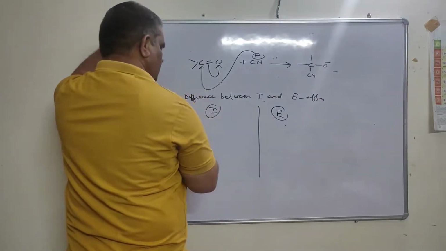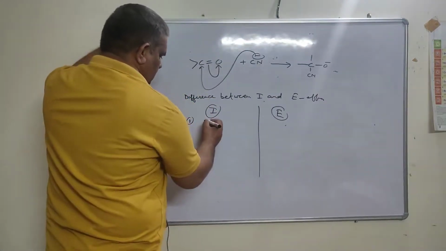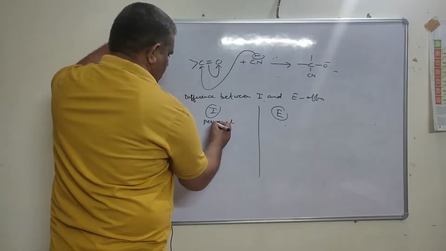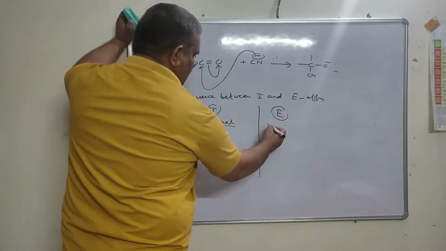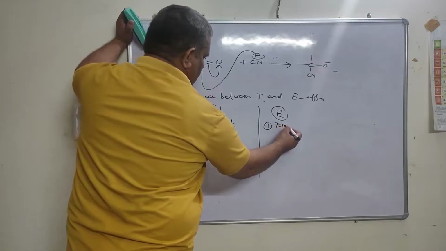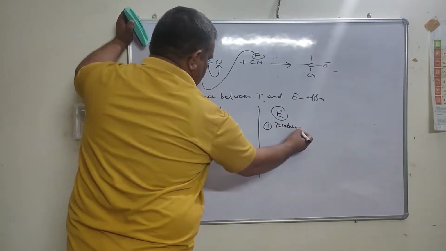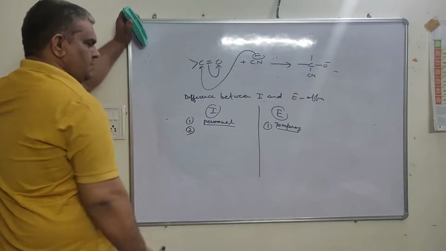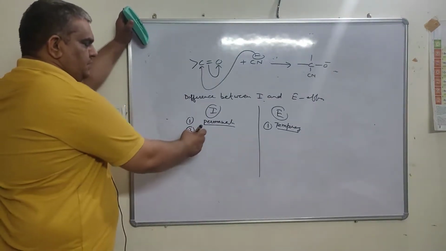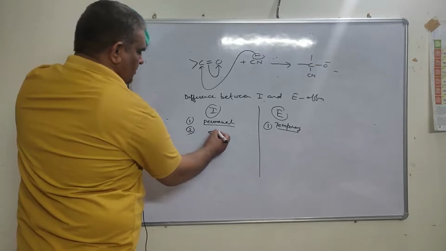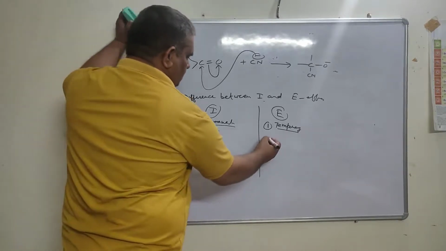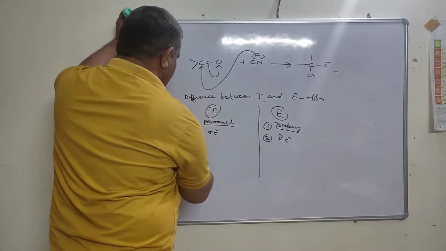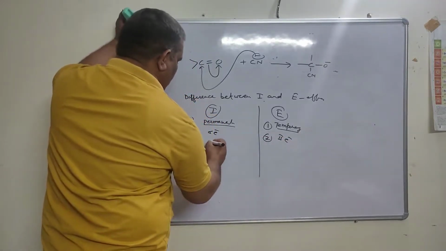First point, it is permanent. It is a temporary effect. Second, this is displacement of sigma electrons and this is complete transfer of pi electrons. Third, it takes place in a polar covalent bond.